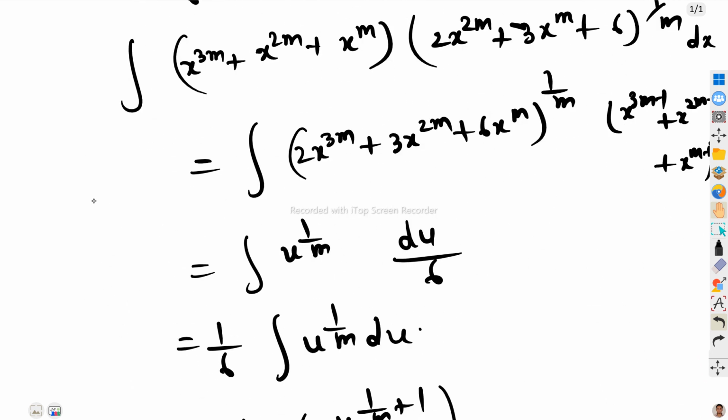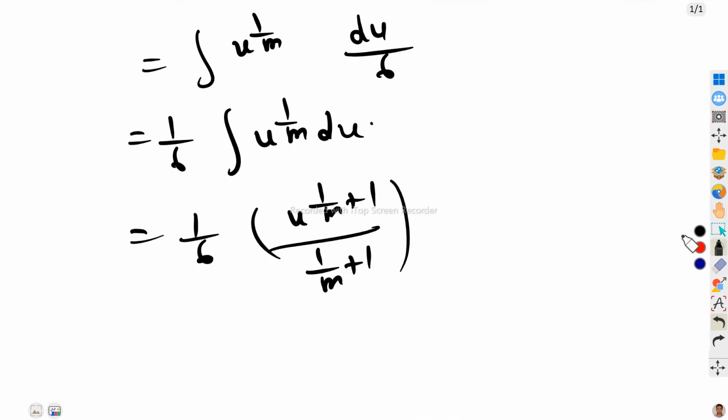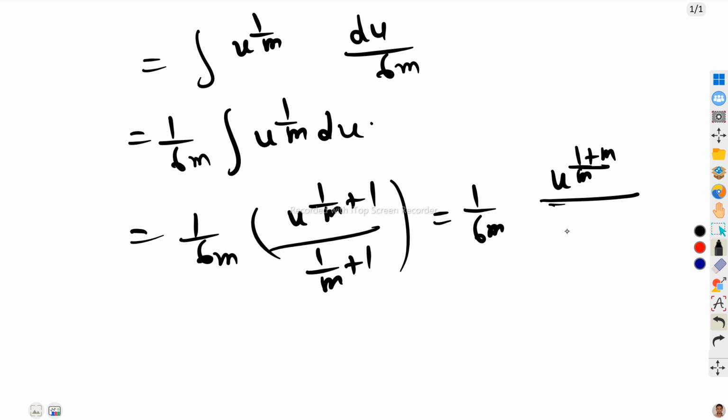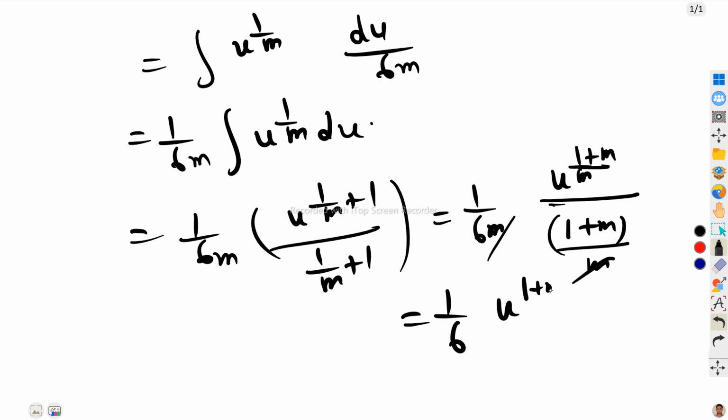Take here du/6m. This 6m is also a constant, so this becomes 1/6m. This is u raised to power (1 + m)/m, divided by (1 + m)/m, and the m cancels out.